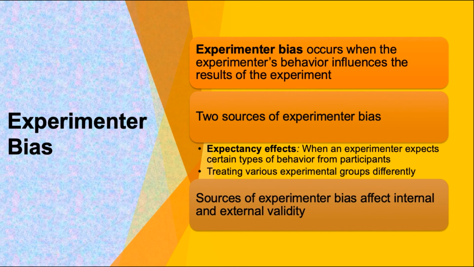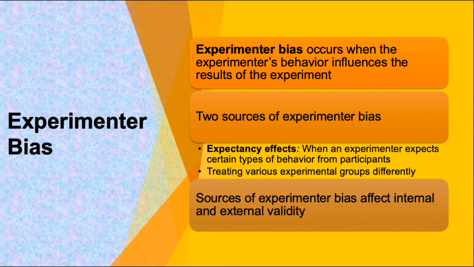These two sources of experimental bias threaten both internal and external validity. If your behavior becomes a source of systematic bias or error, then you cannot be sure that the independent variable caused the observed changes in the dependent variable.